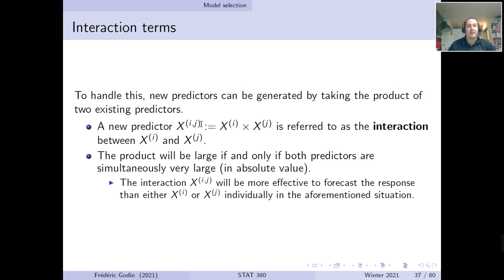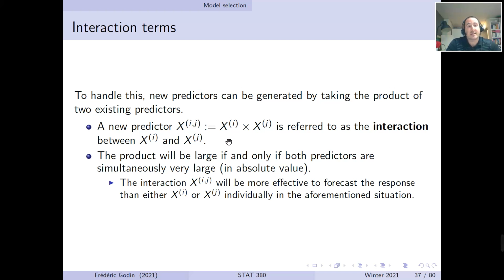So this predictor captures interaction between two variables, and you can have a linear model where, using this new predictor, you can represent situations where your prediction will be low or high depending on if you have both being small at the same time or both being high at the same time.